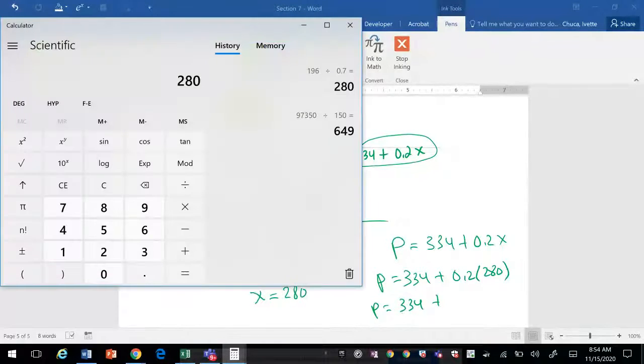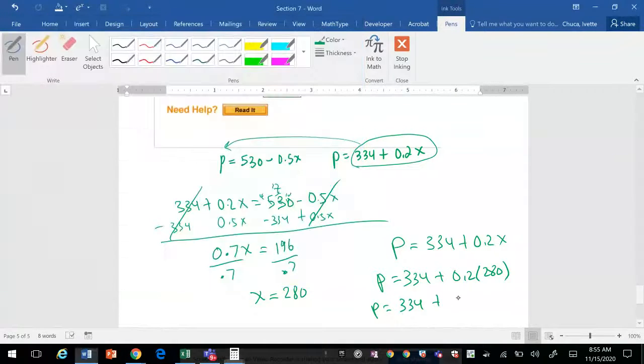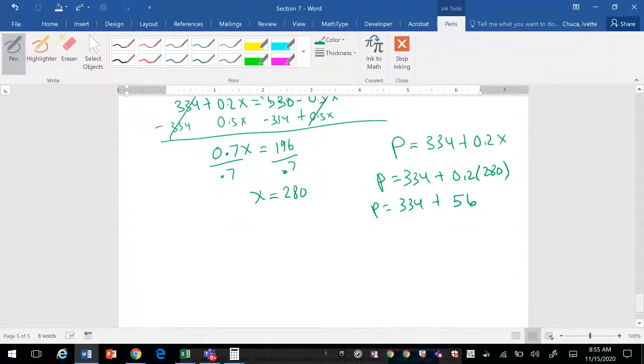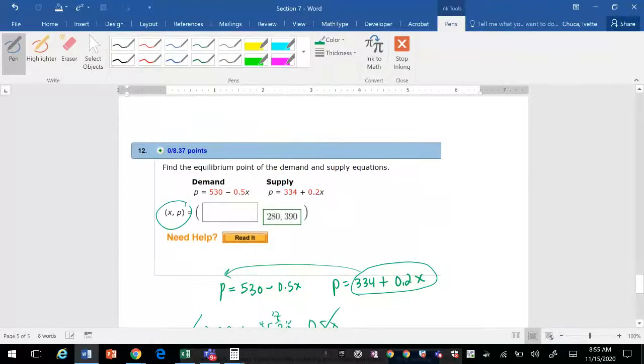Multiply this, so times 0.2 is 56. So p is equal to 390. They want us to enter as a point, so x was 280 and p is 390.